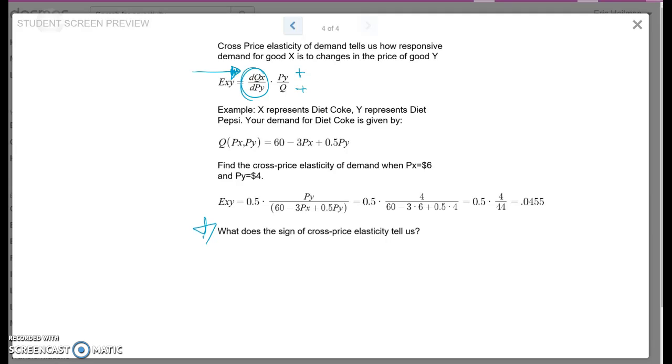If the quantity demanded of x and the price of y move in the same direction, that would make the derivative positive. This is the definition of substitutes.